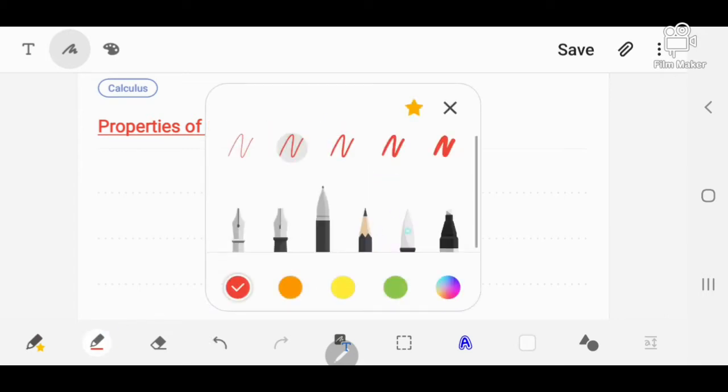Hi again. Remember that we talked about the definite integral and what it means? Let me remind you that the definite integral means the area under a curve.